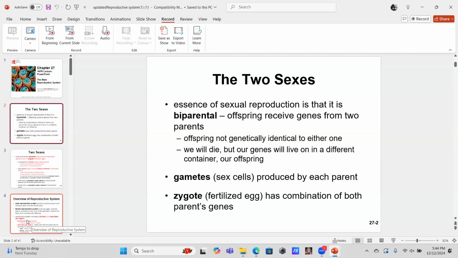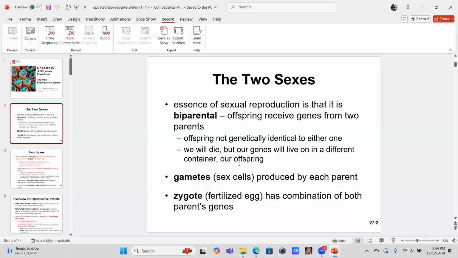Now, when we're talking about the sexual reproductive system, we have the two sexes. Depending on if you have X and Y chromosomes or two X chromosomes, you're going to have either testes or ovaries. That's dependent on what you inherit.